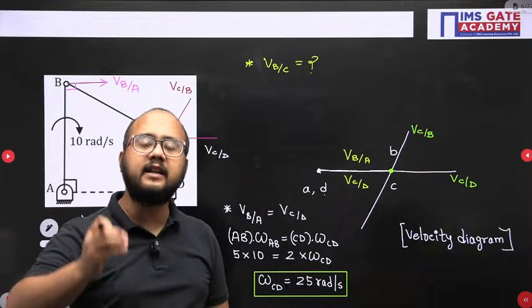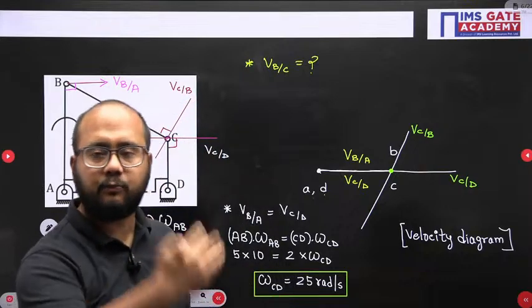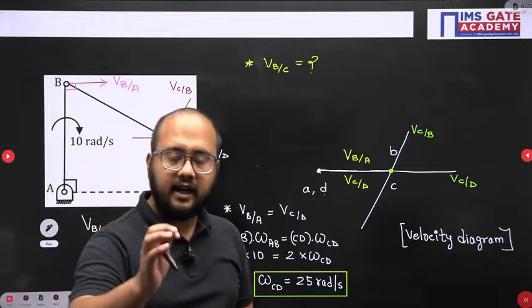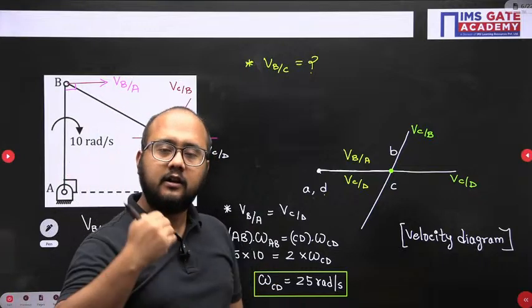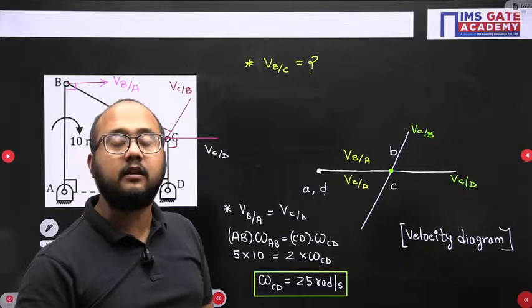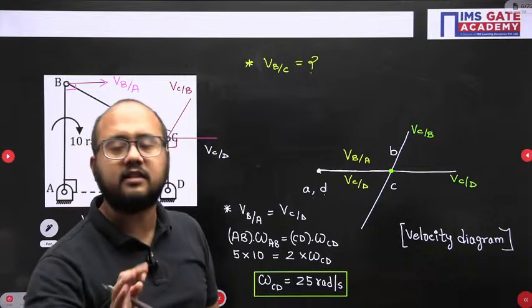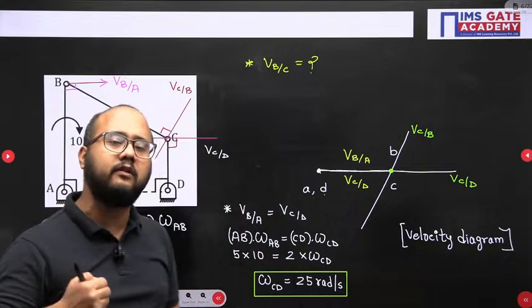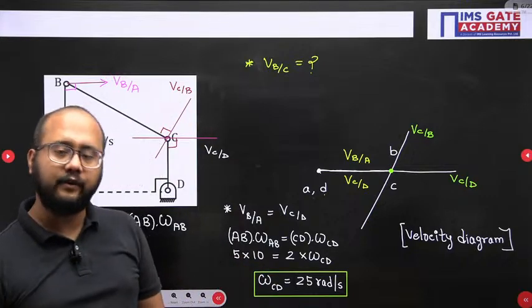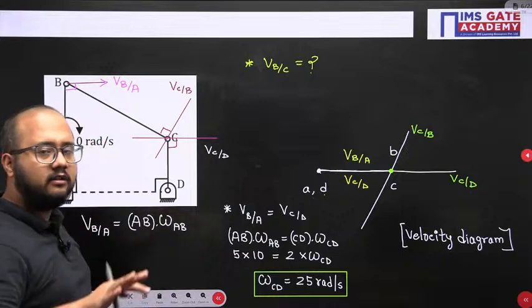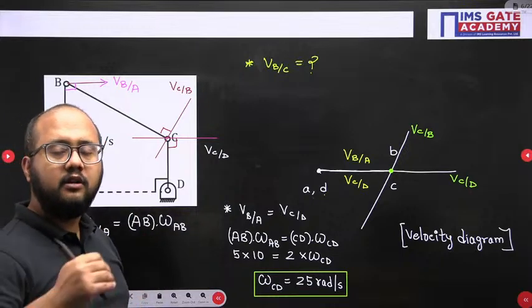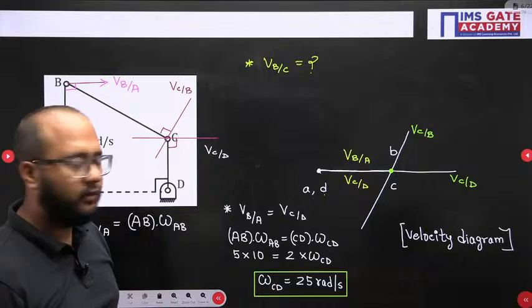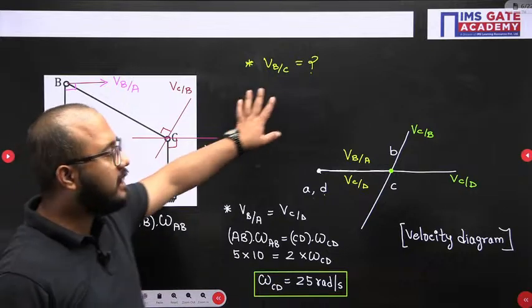If you try again, you will understand. There are 2-3 more problems that we are going to discuss here. And I guarantee you one thing, if you solve those questions with me in this particular lecture, you will understand all the steps of the velocity diagram. We will be solving with the velocity diagram only. Okay. Later on, we will also use the instantaneous center, but right now we have to focus on the velocity diagram approach.